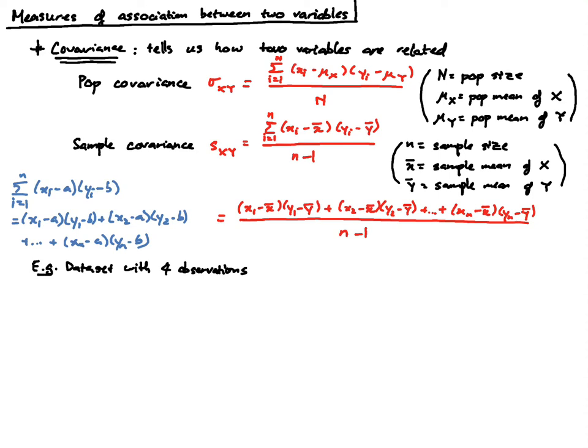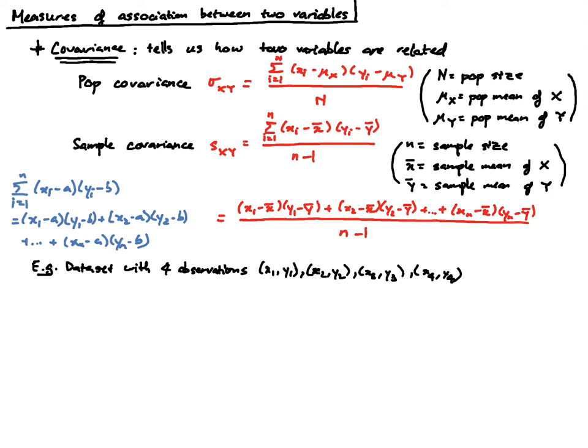So we have the pairs x1, y1 as the first observation, x2, y2 as the second observation, x3, y3 as the third observation, and then x4, y4 as the fourth observation. Okay.